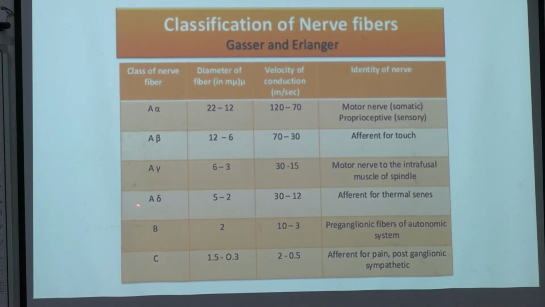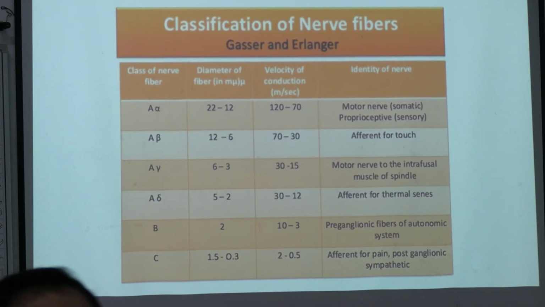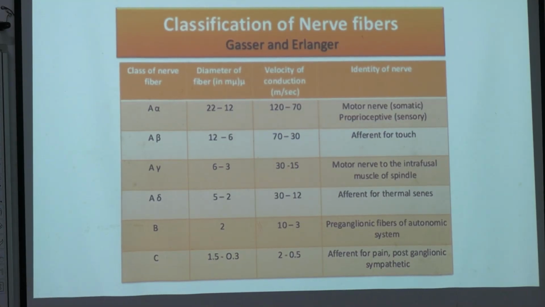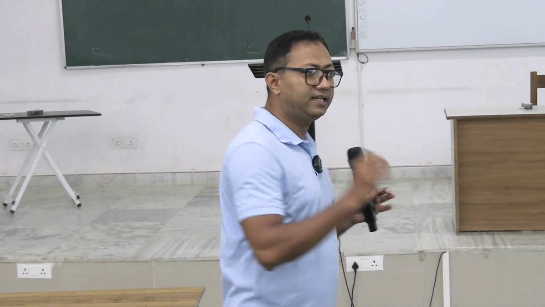And A delta is for pain, and C is also for pain. So the pain carrying fibers are A delta and C. And remember, A delta is minimally myelinated and C is completely devoid of myelination.